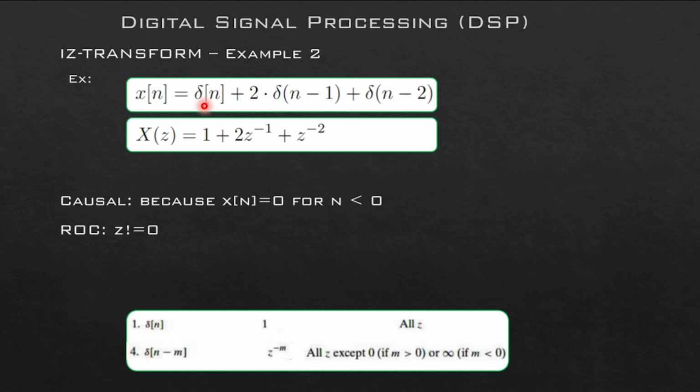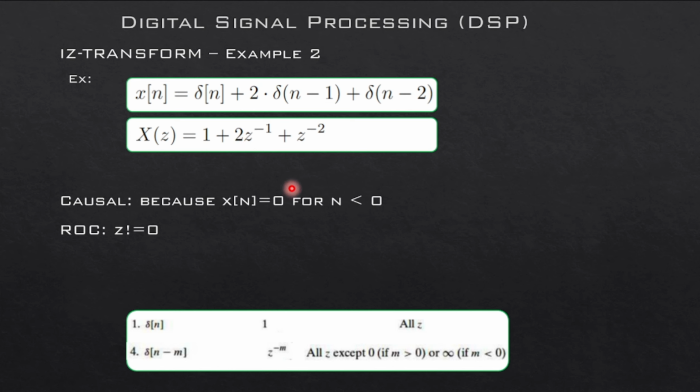That's the transform for this sum of impulses or delta functions. And of course, through the linearity property of the z transform, 2 x n corresponds to 2 x z. So delta n was multiplied by 2, and you multiply the transform by 2 also.